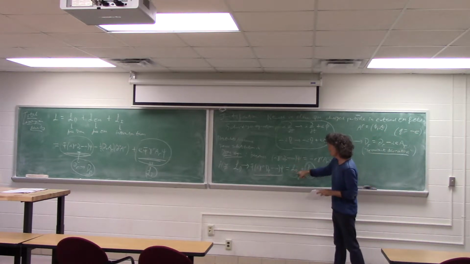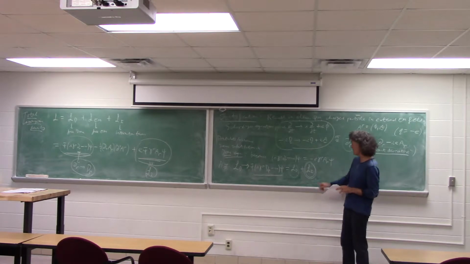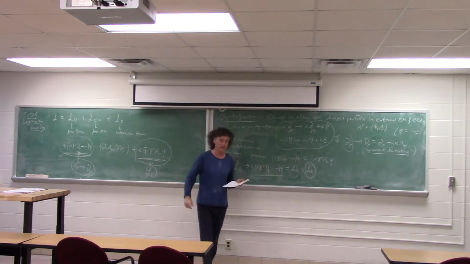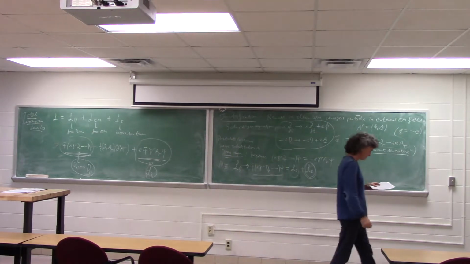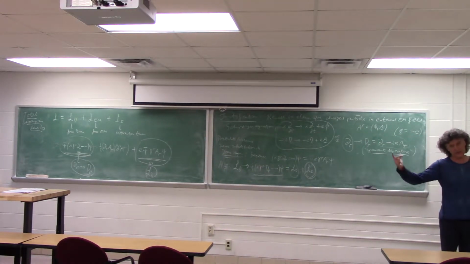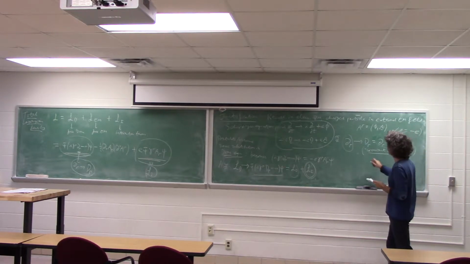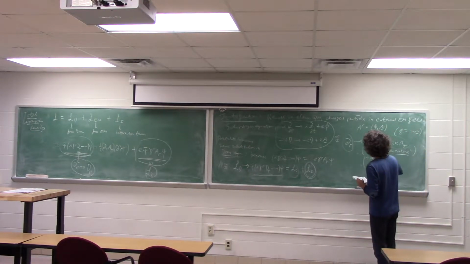I get the free Dirac Lagrangian density we started with plus this extra piece. Okay, so this is where this term comes from. Or at least that's one way of looking at it, but it comes from this substitution here. This is often called the minimal substitution.